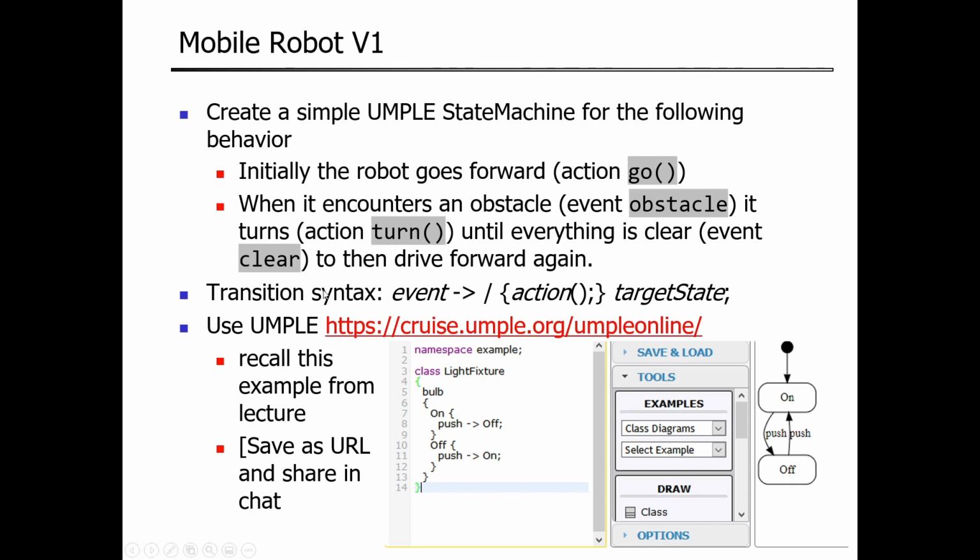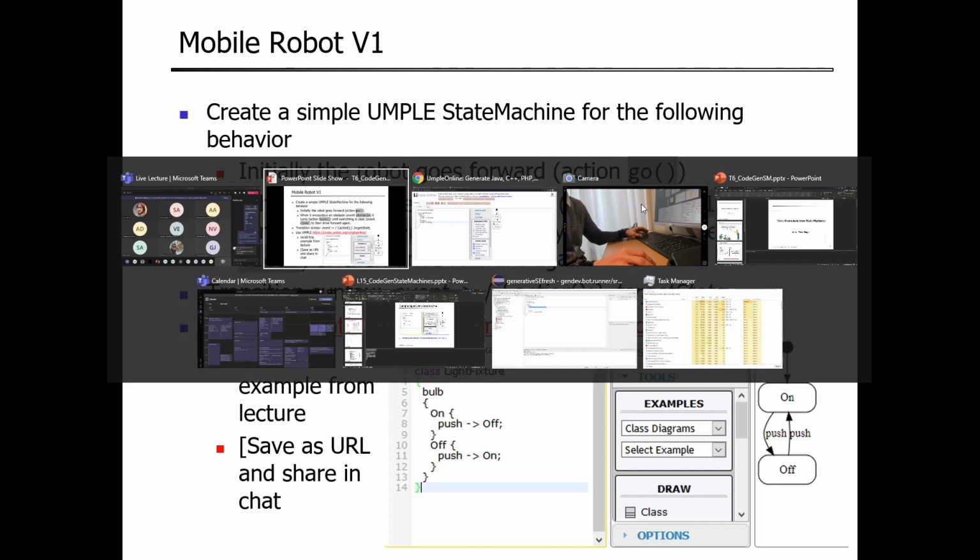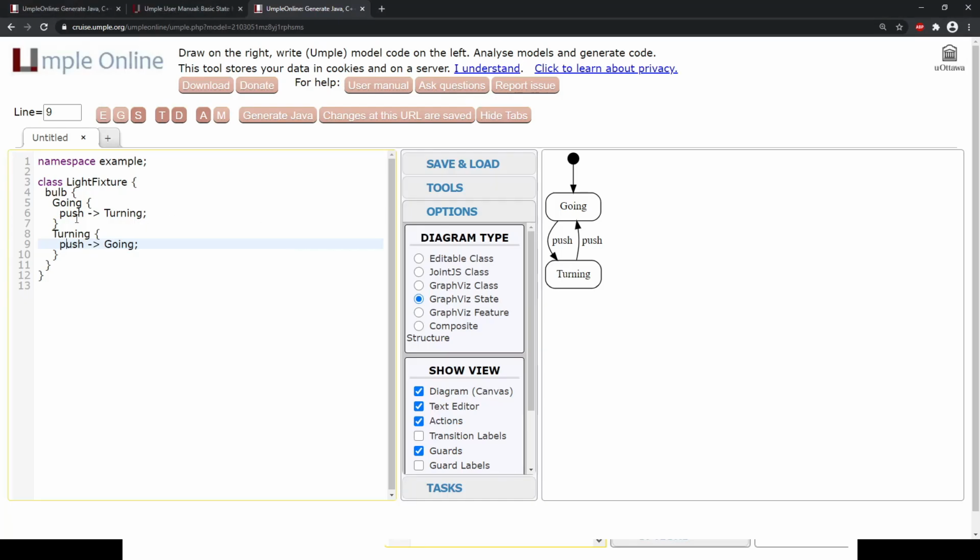So now we said that if we have these two states, when is it important to receive the event obstacle? When we're going, it might be important to receive the event obstacle because then we want to be turning.